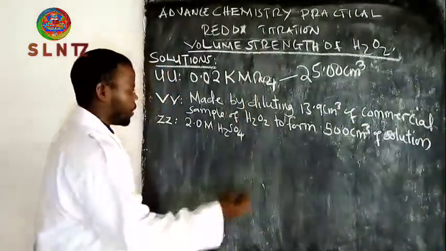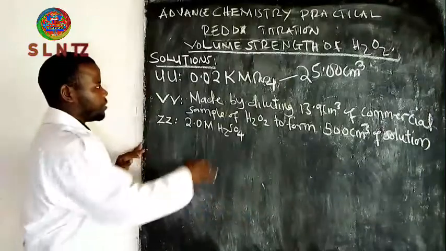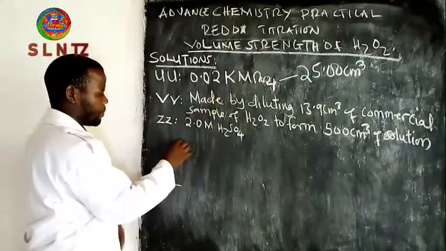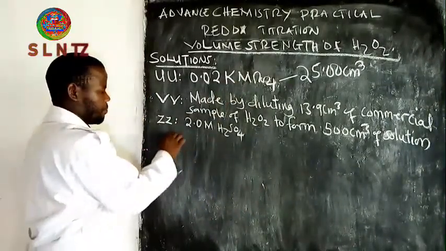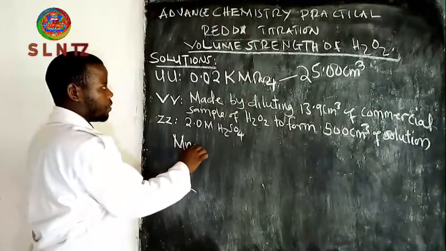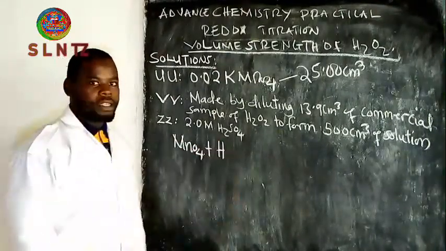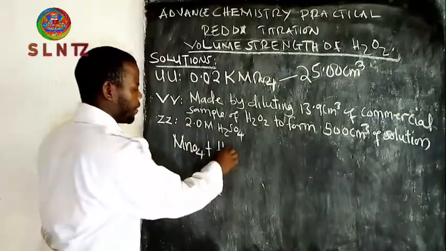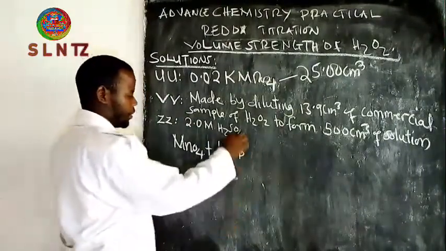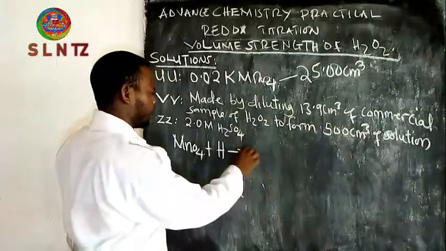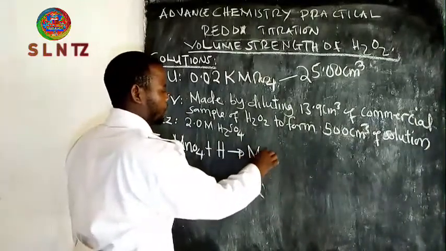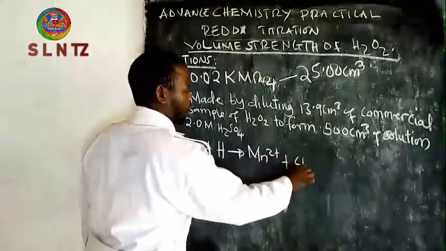It means in a conical flask, the reaction: permanganate reacts with hydrogen peroxide in acidic medium. The product is manganese 2 plus and water.